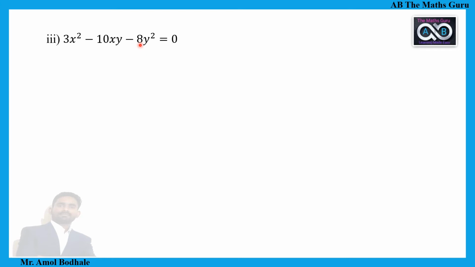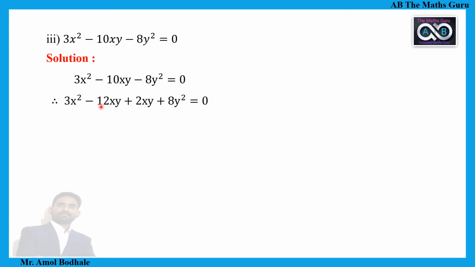We have to find two numbers such that their product is minus 24 and the difference is minus 10. So the numbers are minus 12 and plus 2. As we know, the product of minus 12 and 2 is minus 24, and their sum gives minus 10xy.